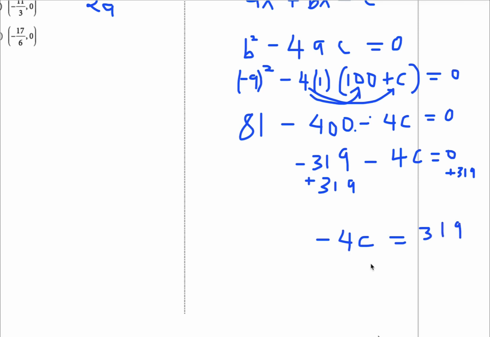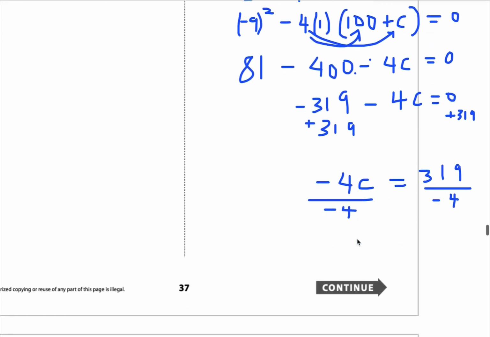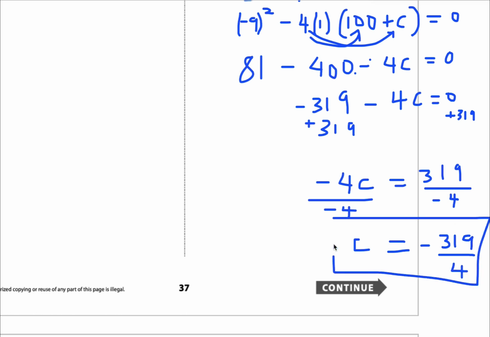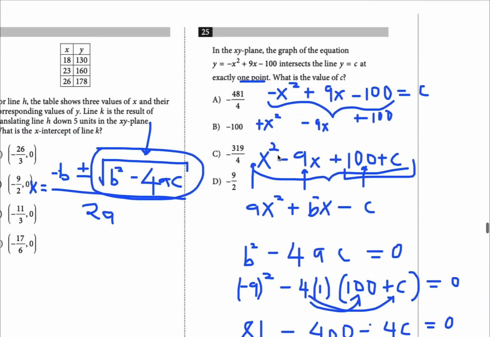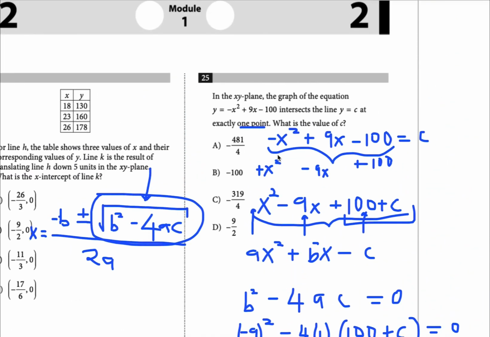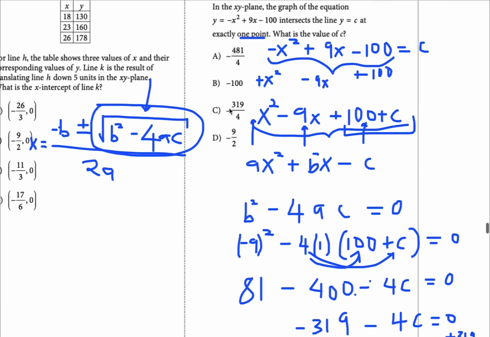Then solving for c, we just divide both sides of the equal sign by negative 4, and c will equal negative 319 divided by 4. So that will be the value for c, and it looks like that will be answer option C.